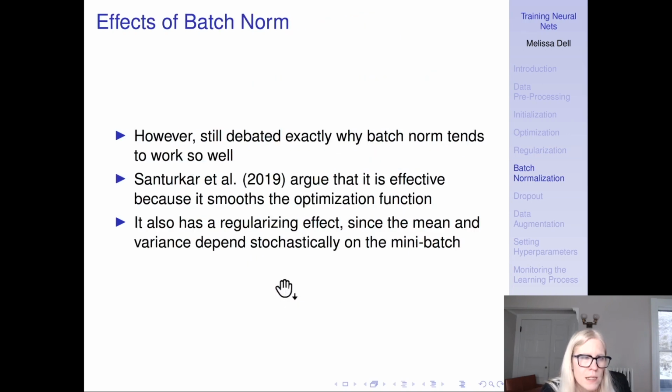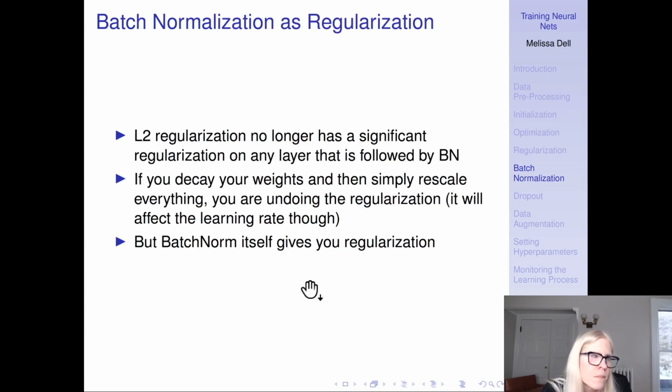However, it's still debated exactly why batch norm tends to work so well. It's been argued that it smooths the optimization function, and it also has a regularizing effect, since the mean and variance depend stochastically on the mini batch. So which other images are in the batch will influence what the mean and variance per channel is for that batch.